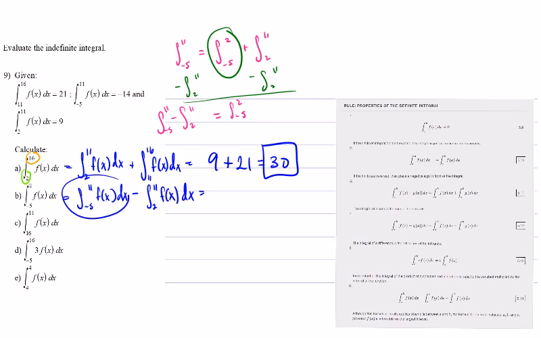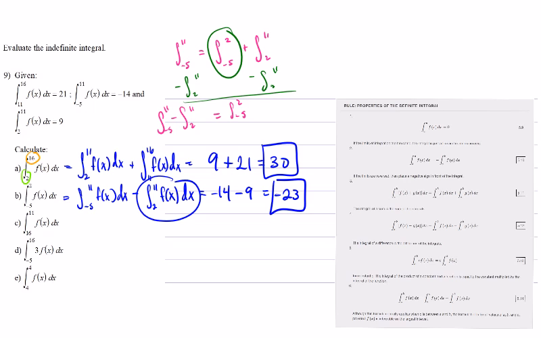The integral from -5 to 11 is -14, minus the integral from 2 to 11, which is 9. So it's -14 minus 9, which is -23. That's the answer there.